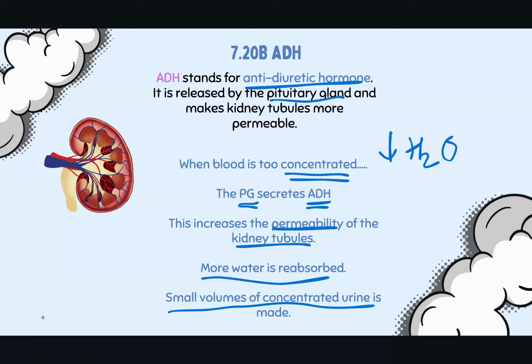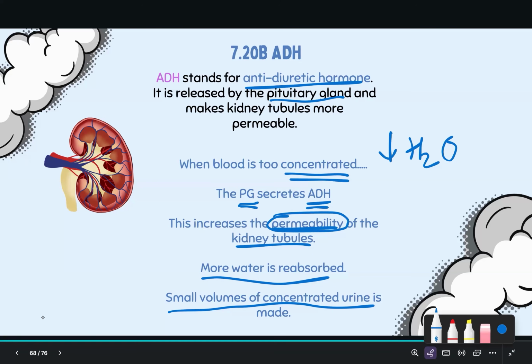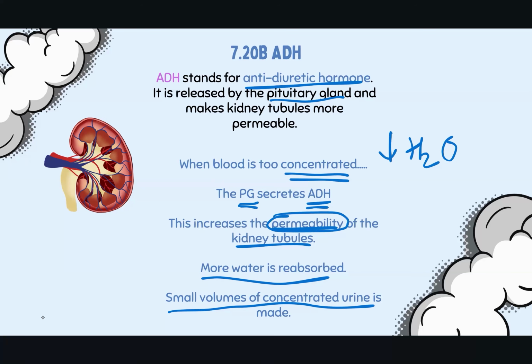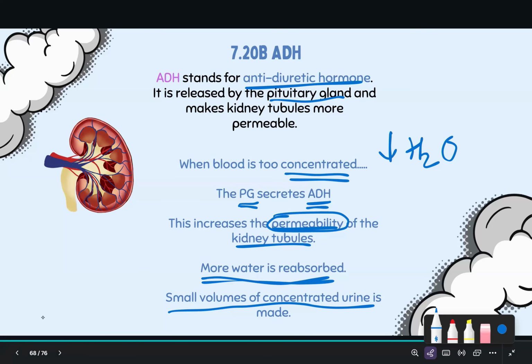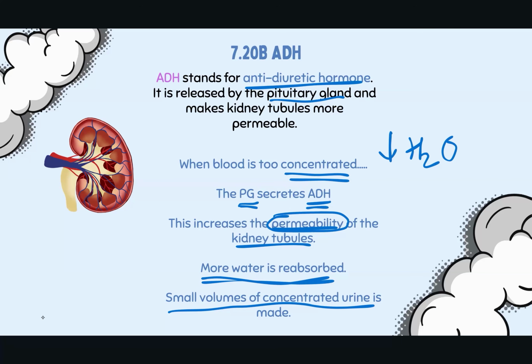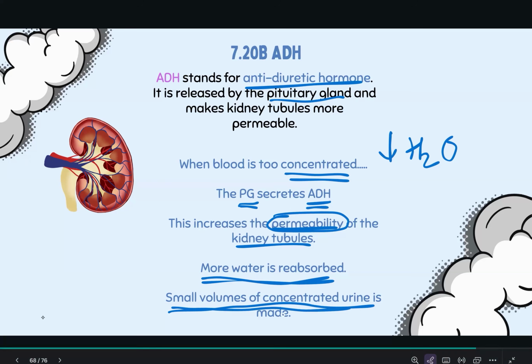The effect this hormone has on the kidneys is it makes them more permeable, meaning there are more gaps for the water to go through. Through those gaps, more water is reabsorbed. So that means now the blood has more water inside it, but the urine will be made up of less water.